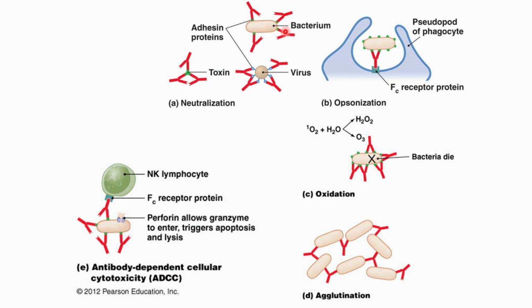Now if we look down here, agglutination is a bigger version of what we saw up here, where adhesin proteins were being bound. With agglutination, you have so many different antibodies binding to these bacteria, and one antibody can bind to two bacteria, so they're cross-linking and you can get a very large network of these bacteria.